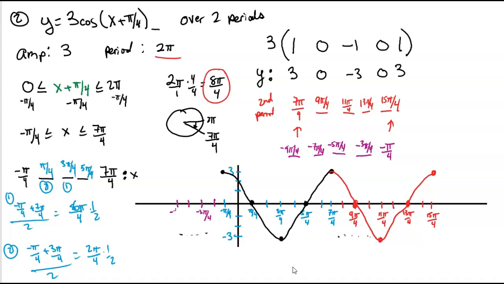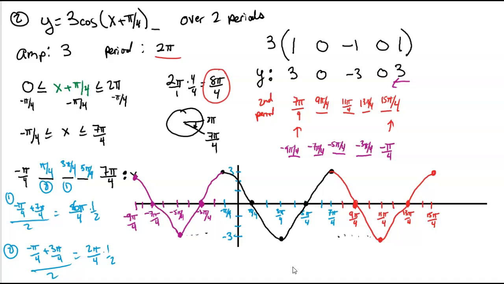Skip, negative 5 pi over 4. Skip, negative 7 pi over 4. Skip, just barely made it. I started at 3, so now I'm going backwards. But again, it's 3, 0, -3, 0, and then we're right back up to 3. Connect it with a nice smooth curve. Hopefully yours looks a little bit neater than mine. The colorful part of the graph is a possible second period.